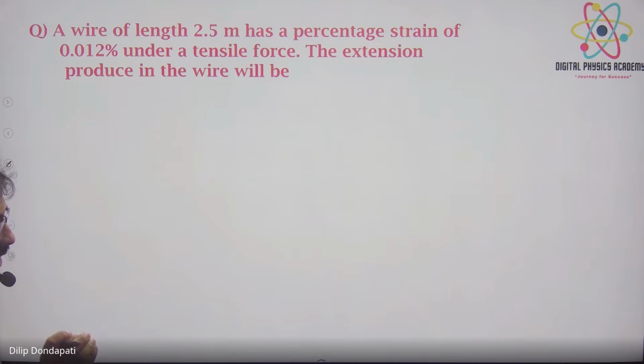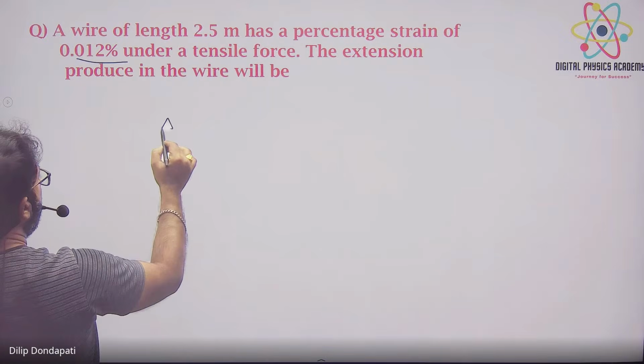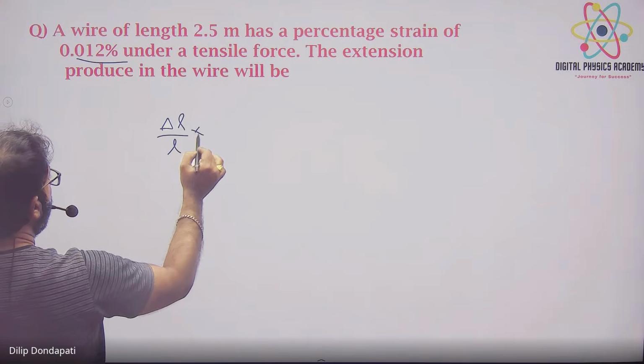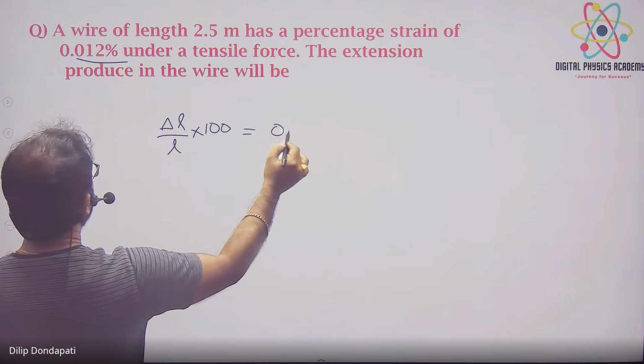See, strain is delta L by L, and into 100 is the percentage. Percentage is given as 0.012. That's it. You'll get 0.003 meters, that is 0.3 millimeters.